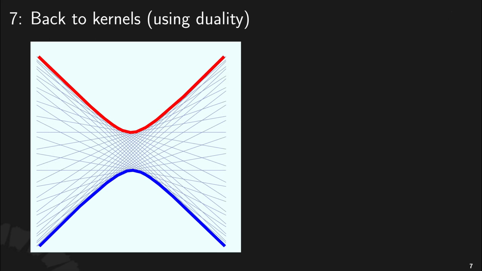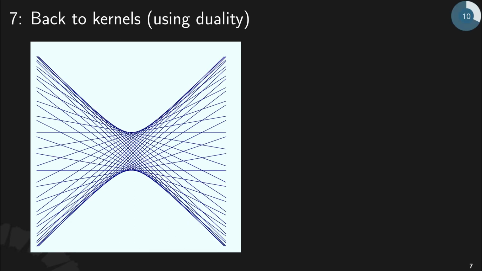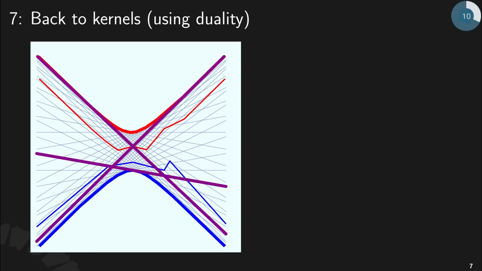So our problem is that we have a set of lines, and we look at the upper and lower envelope of the lines, and now we have an approximate upper envelope. This is the red jagged line in the slide, and we have an approximate lower envelope.